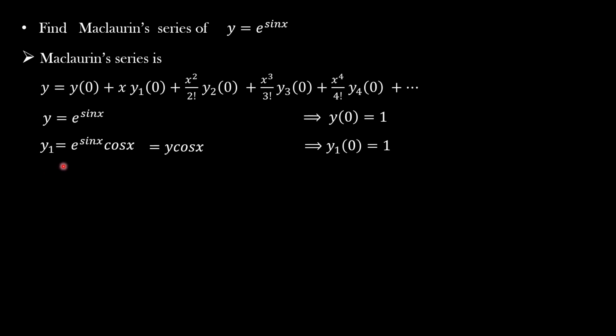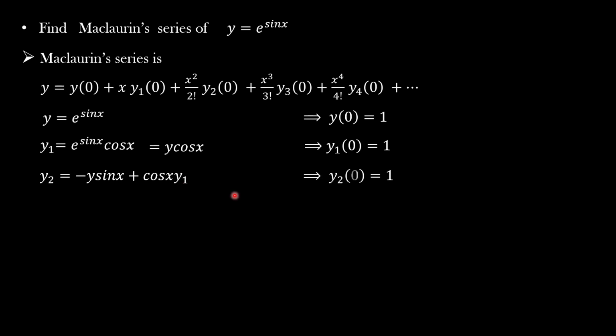y2 is equal to y into derivative of cos x, which is minus sin x, plus cos x into derivative of y, which is y1. That is, y2 is equal to minus y into sin x plus cos x into y1.